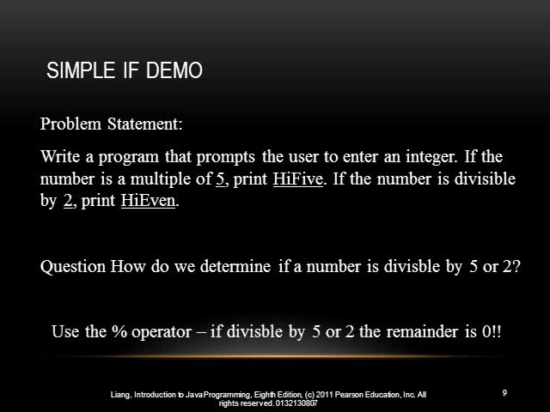Well, we can do that with the modulus operator, or the percent sign. If the modulus operator returns a value of 0 when we use 5, or a 0 when we use 2, then we know that the number is divisible by 5 or 2. So the next slide, we'll work out the pseudocode for this problem.